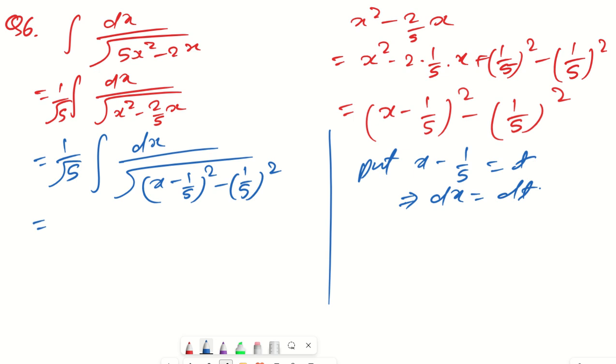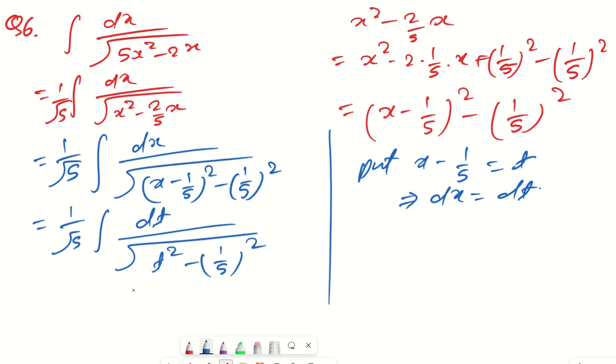So this is how we are going to replace this here by 1 by square root of 5 integration of dx, which is dt, divided by square root of, what shall we do here? Tell me. We can replace this x minus 1 by 5 whole square very easily. So this is going to be very simple, t square. So it will become t square minus 1 by 5 whole square. Understood?